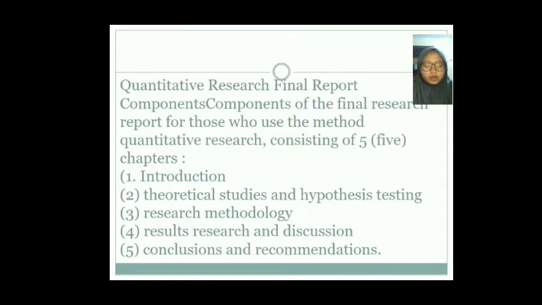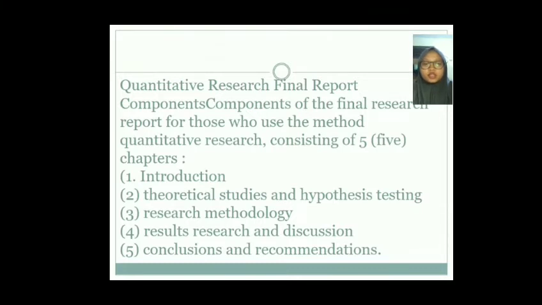And next, I want to explain about the structure of a report on quantitative research. The introduction contains a description of the background, which contains the research problem and the logical rationale for why a problem needs to be researched or searched for an answer through research.